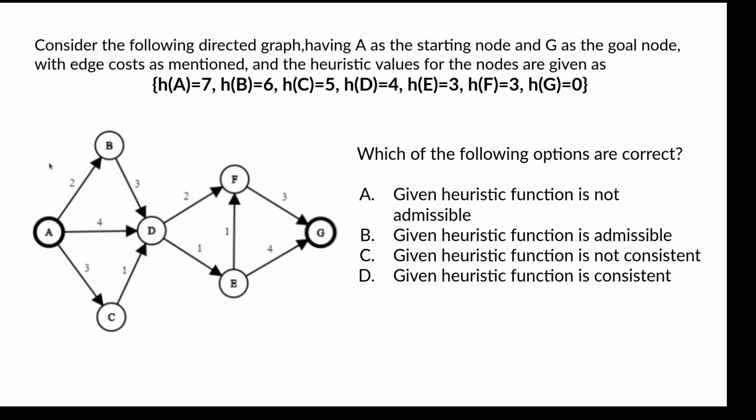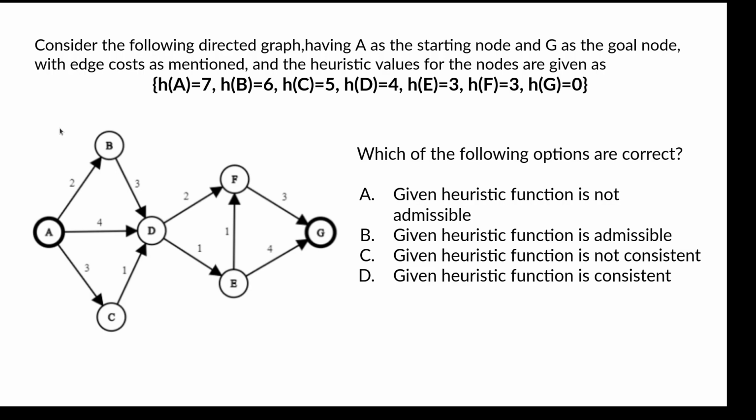So you check the heuristic mentioned, and it should always be less than or equal to the realistic cost. H of A, 7, is given, right? So if you calculate how much the optimal cost is to go from A to G, what is the optimal cost?